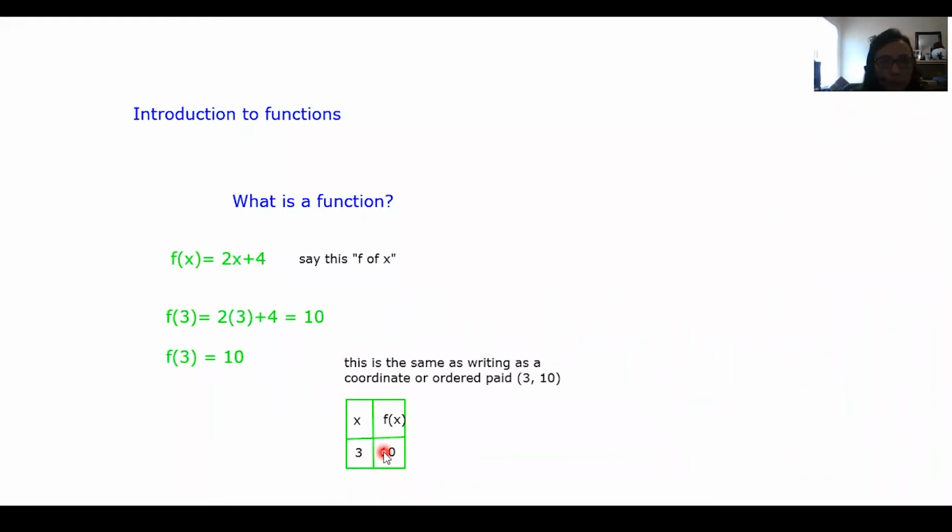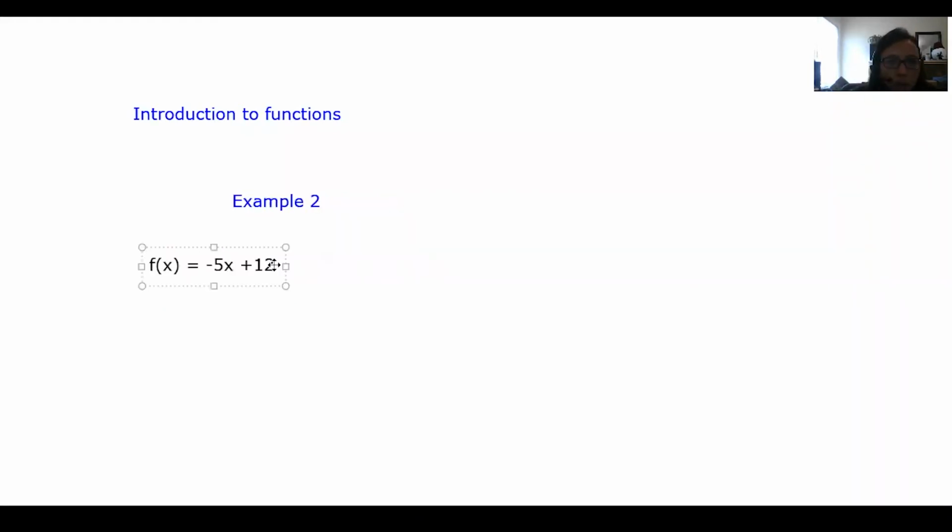Let's look at another example. Okay, so here we have f of x equals negative 5x plus 12. Before I even start anything, I really want to take a look at my function and understand what it does. Again, this is just saying it's a function based on putting x as a variable.